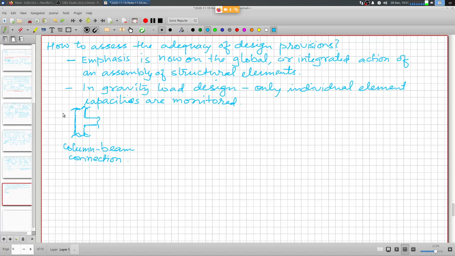For example, this beam column connection. So if this is a sub-assembly, I can test it. Because then it is only a small sub-component of the complete frame, and it is possible to test this sub-assembly to failure.